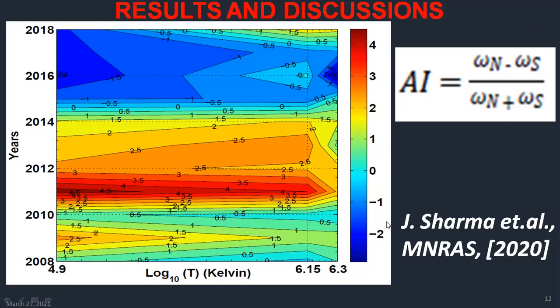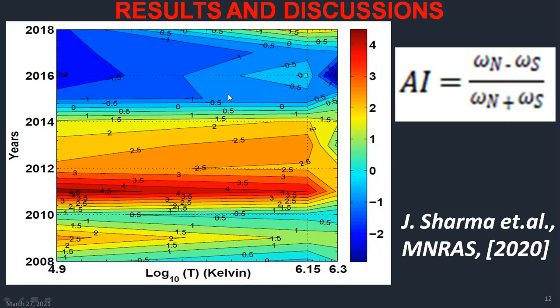The temperature 10 to the power 6.15 Kelvin corresponds to 19.5 nanometer, and 10 to the power 6.3 Kelvin corresponds to the wavelength 28.4 nanometer. The y-axis shows the year from 2008 to 2018. The color code shows the percentage of asymmetry index.